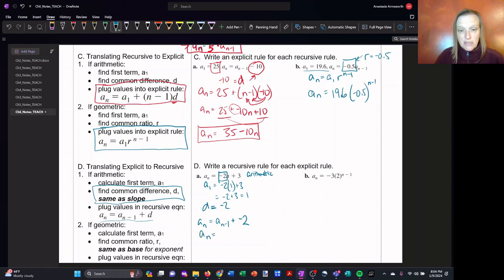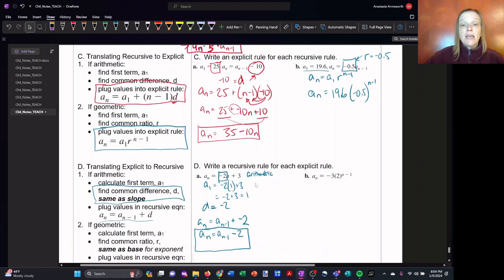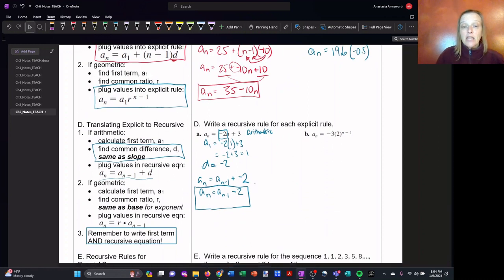So I'm going to rewrite this as a n minus 1 minus 2 is the complete recursive equation. Now remember, my recursive formula is not complete unless I include that first term. So I'm going to say that the first term is 1. So this is how you figure out the recursive rule if you're given the explicit rule. Let's look at another example.